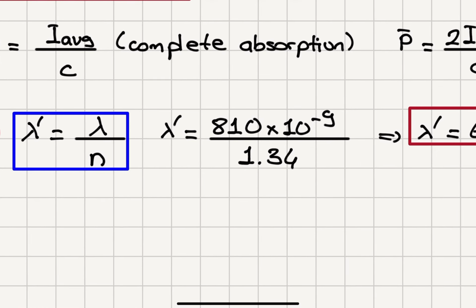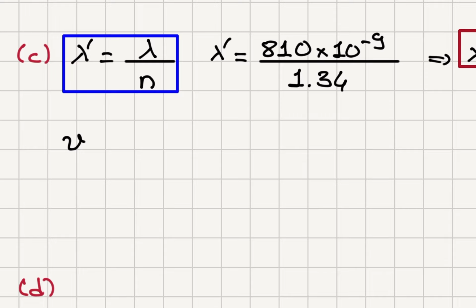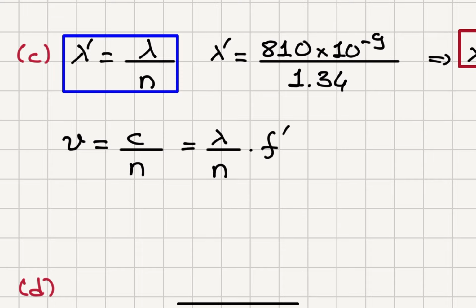Okay. And what happens to the speed of light in this medium? The speed of light is also reduced by a factor of the index of refraction. Index of refraction is by definition equal to the speed of light in air divided by the speed of light in the medium, remember. And that's because this is equal to the reduced wavelength, lambda over n, multiplied by the frequency in the medium.